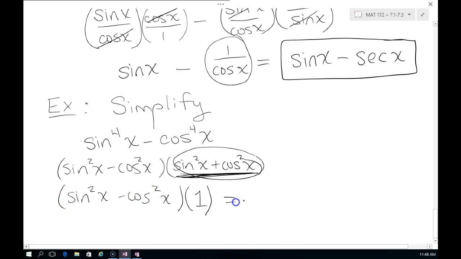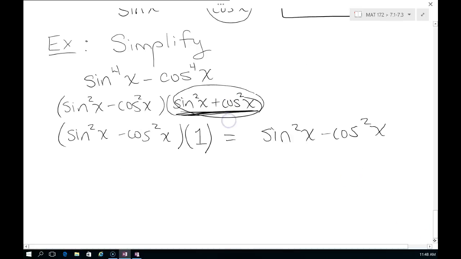And multiplying by 1 doesn't change anything. But we're still not done because this other factor is still a difference of squares. So we can factor this one more time by splitting the powers in half and doing one with a minus and one with a plus.